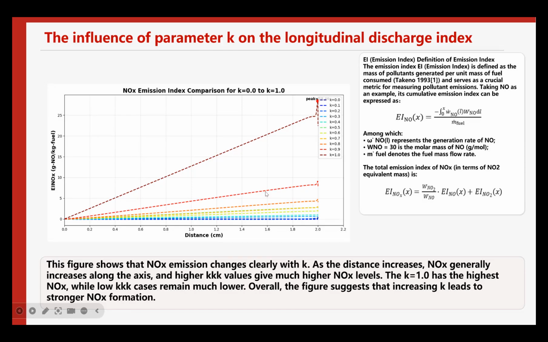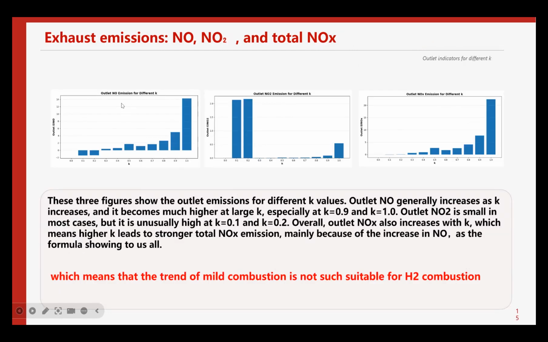After that, I showed the outlet results for NO, NO2, and total NOx. The figure shows that outlet NO increases with K, and outlet NO2 is small in most cases, but relatively high at low K, especially around K equals 0.1 and 0.2.